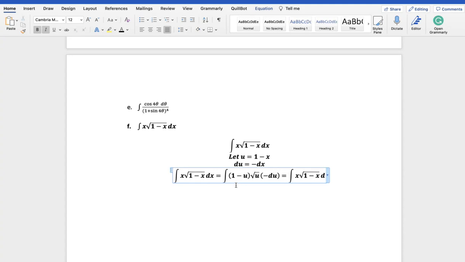And then you can simplify this even further. The negative can come out of the integration sign.